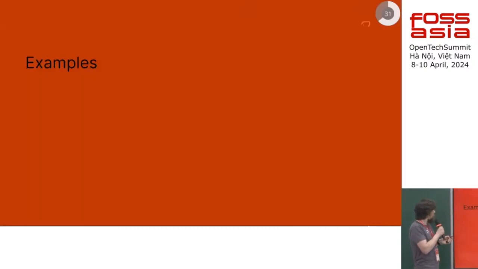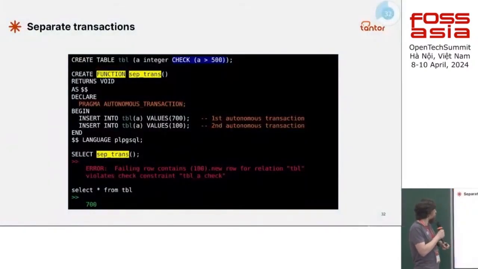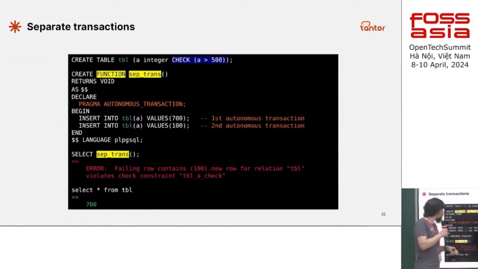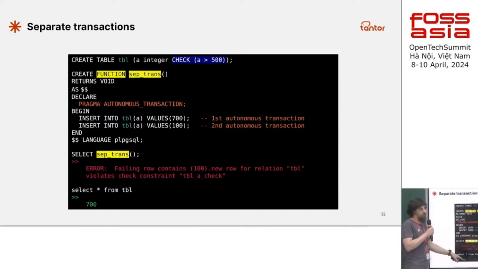So let's see examples. We have a table with an integrity constraint. All our values should be greater than 500. We have an autonomous function with 2 inserts. They are executed in 2 transactions. At first, we insert 700 and then 100. It violates the constraint, so the transaction is rolled back, and the table contains 700 only.